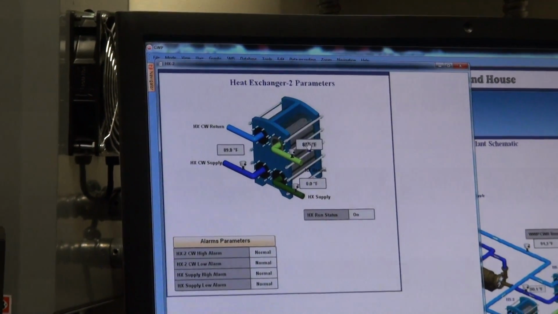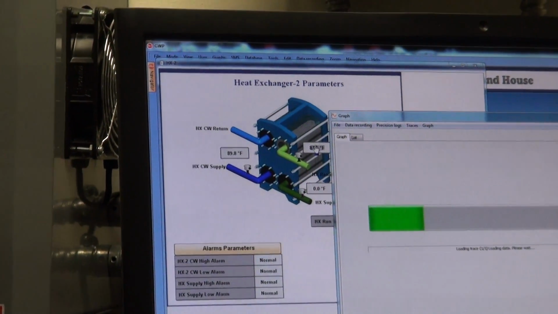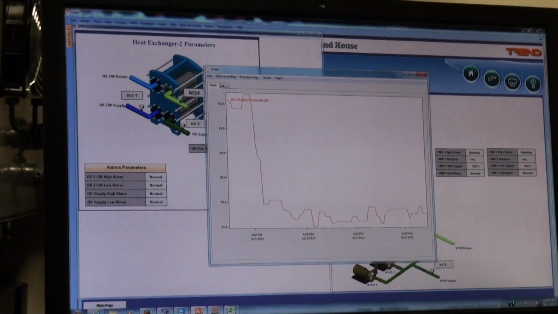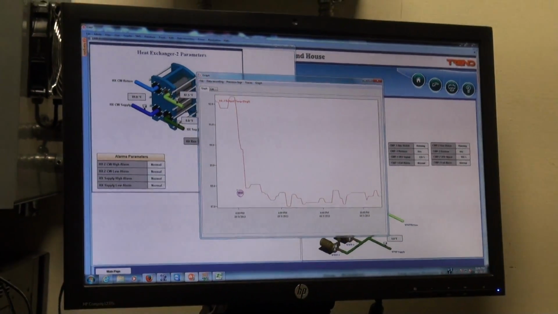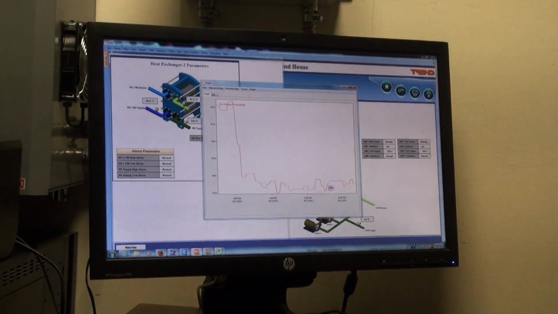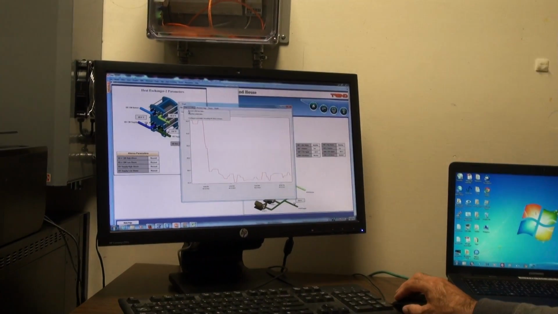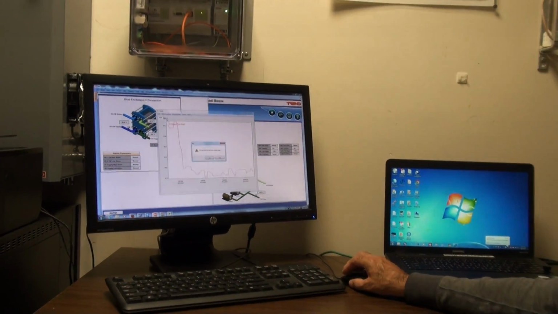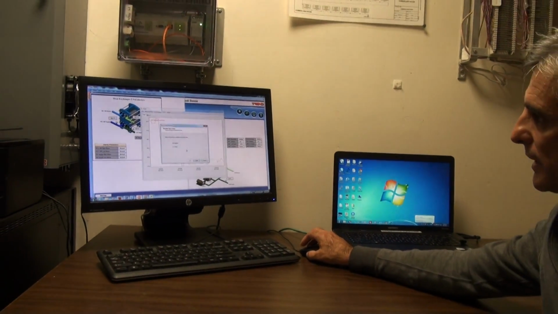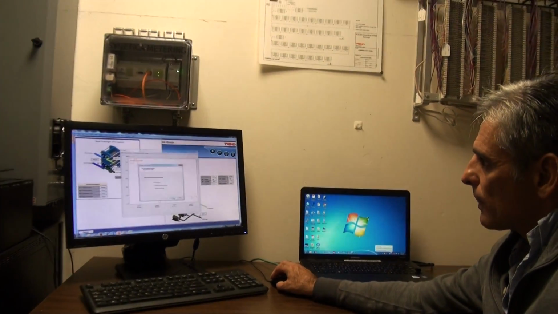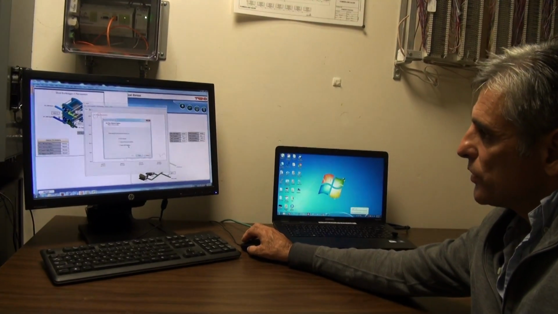We can graph the temperatures. This is just over a 6 to 8 hour period. We can actually save and recall up to a year's worth of data.